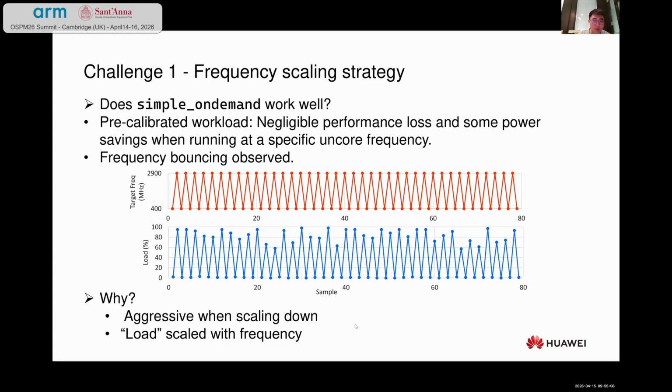And the second thing is the load metric is scaled with the frequency together. I think this is similar to the CPU case. When you have a steady level of load and you increase the frequency, the utilization will decrease very much, and when you lower the frequency, the utilization will go up.